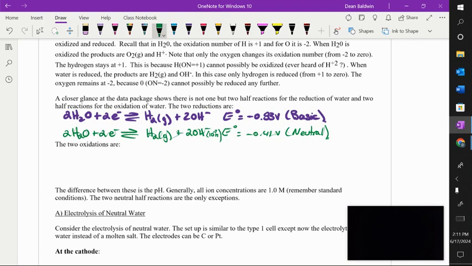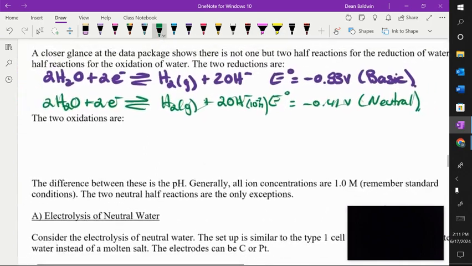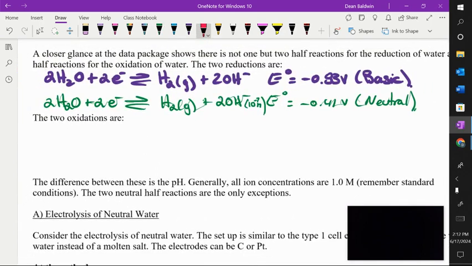Okay, so the basic has a potential of negative 0.83 volts, and the neutral has a potential of negative 0.41 volts. And then the two oxidations, same thing. You get two different voltages, but the reaction overall is the same.